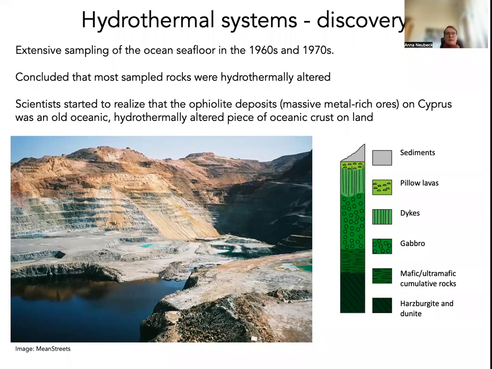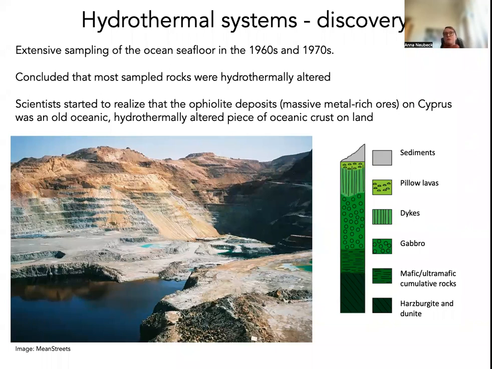And the scientists started to connect the dots when they were looking at the rocks from Cyprus. They compared these Cyprus rocks with the sampled rocks from the Red Sea. They could see that they were very, very similar.